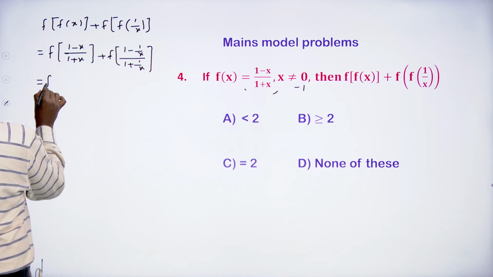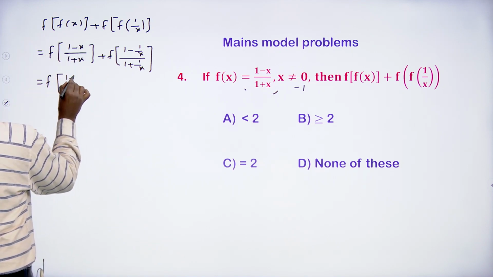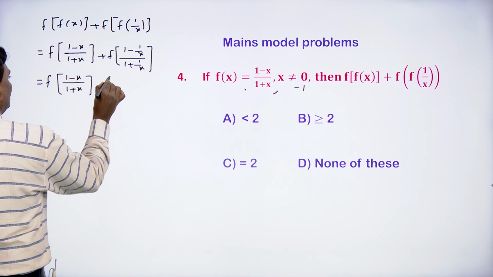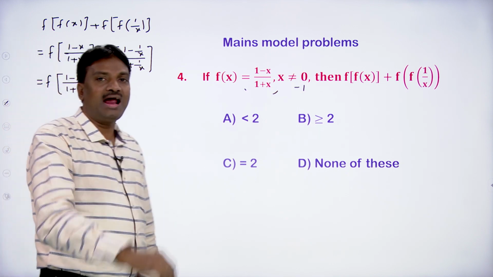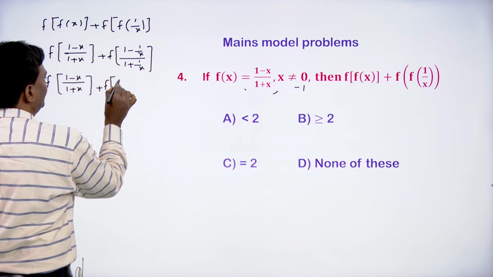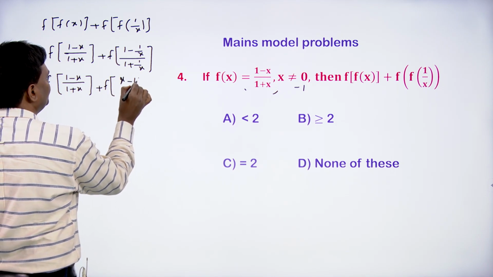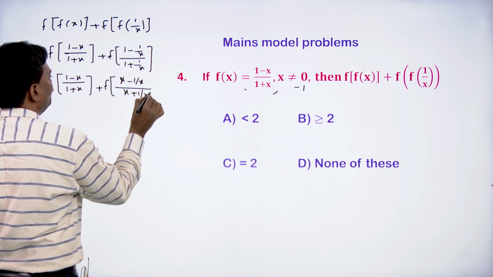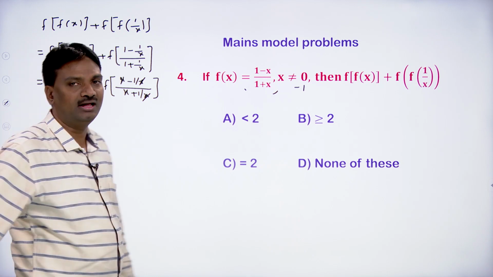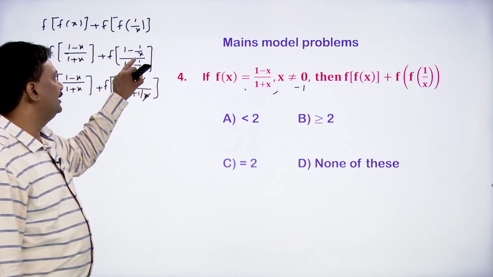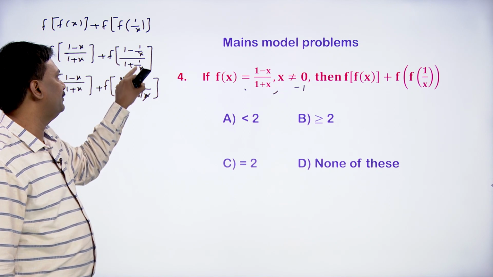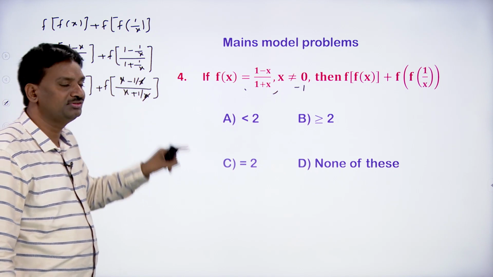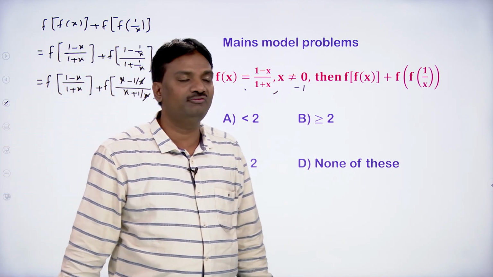In the numerator, by taking x as LCM, x into 1 minus 1 by x. In the denominator also, by taking x as common, x plus 1 by x. In numerator and denominator, we can cancel x.